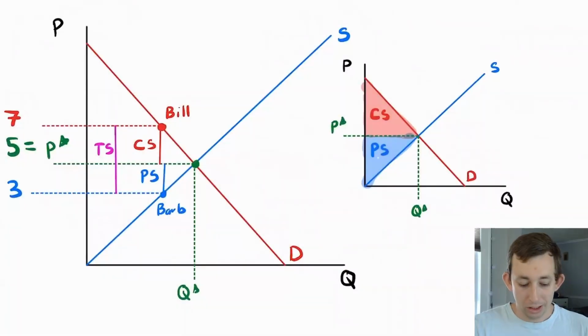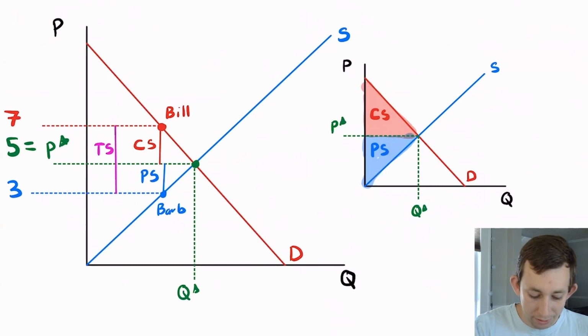We've talked about this before: the market demand and the market supply curves are just the aggregate of individual supply and demand curves. So I've taken the demand and the supply curve, and I've pointed out Bill and Barb. You can see the equilibrium price was 5, that's why it was on Barb's beverage board, and the quantity is somewhere over here, let's say.